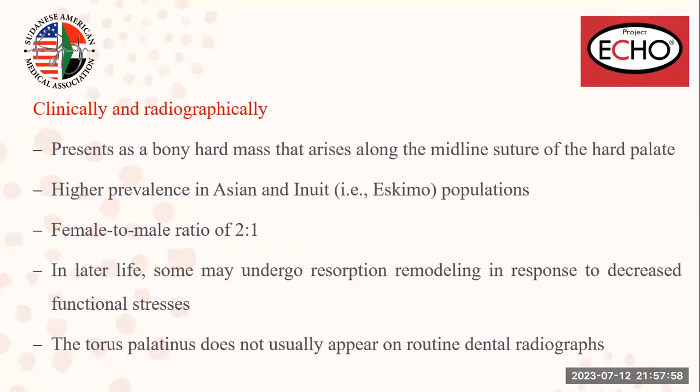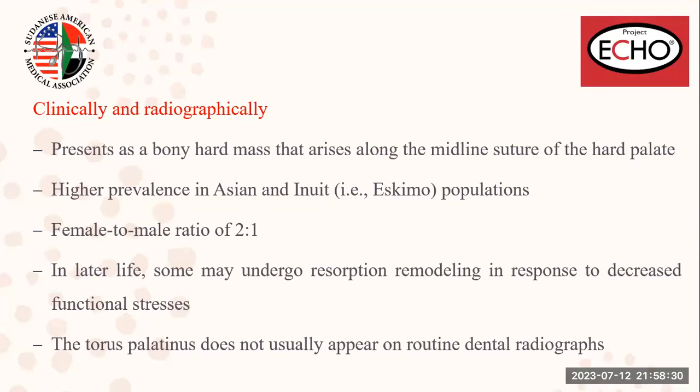If you look at the clinical and radiographic picture, it presents as a bony hard mass that arises along the midline suture of the hard palate. It has higher prevalence in Asians and Inuits, Eskimo populations. The female to male ratio is 2 to 1, so females are more affected.